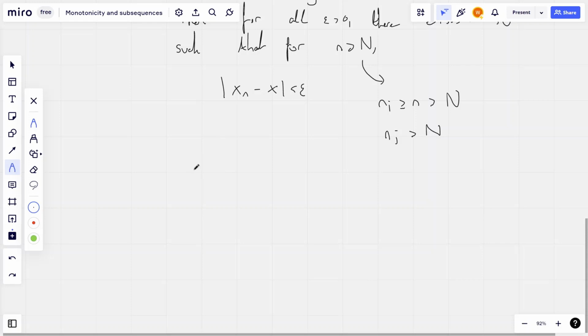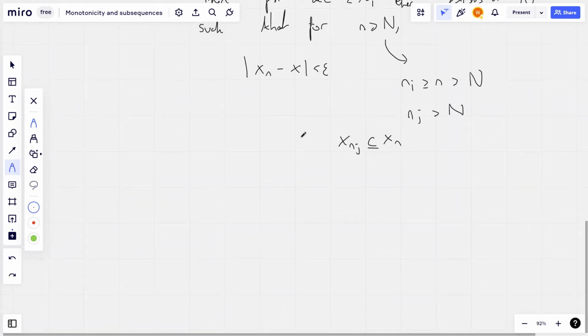Okay, and every term in xnj is also a term in xn, since it is a subsequence.